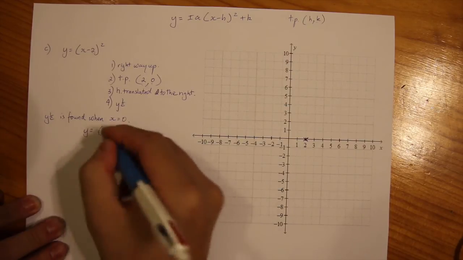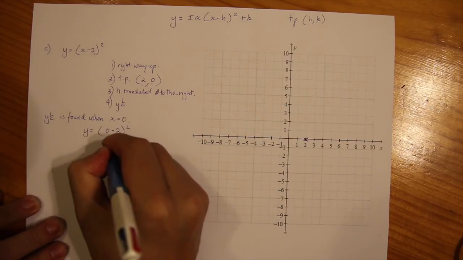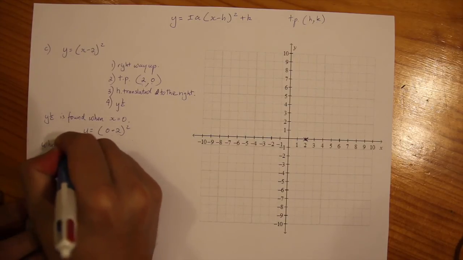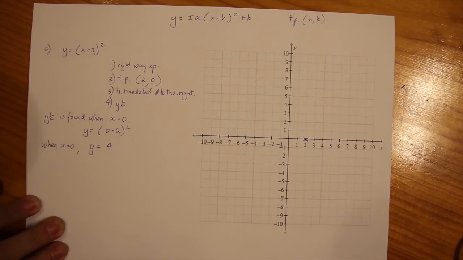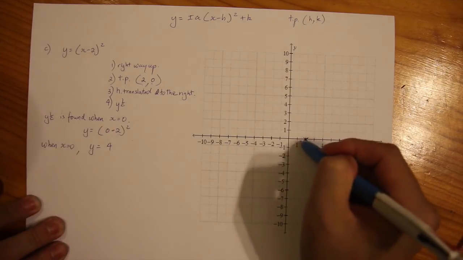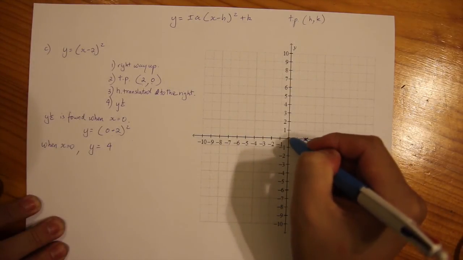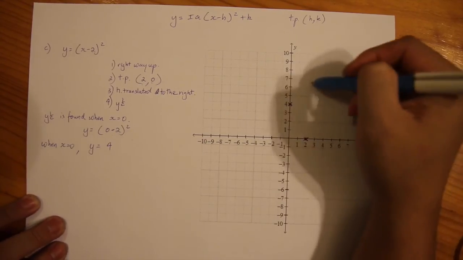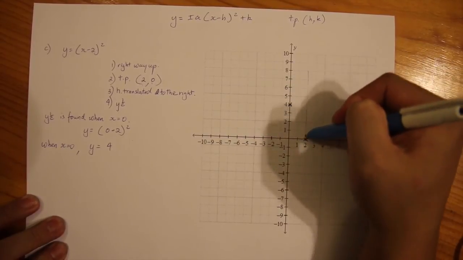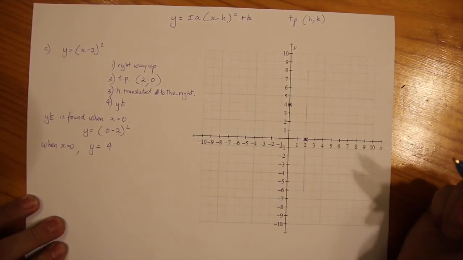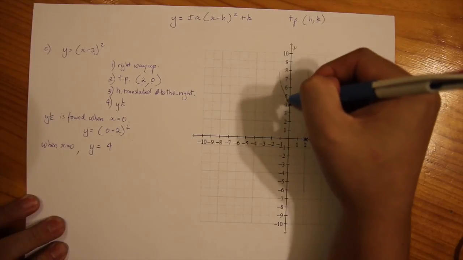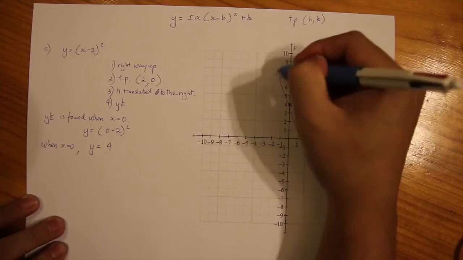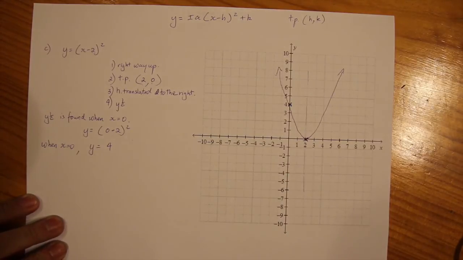Minus 2 squared is 4. So when x is 0, y equals 4. We know that the turning point is on our axis of symmetry. So we can say that the parabola is going to look like that.